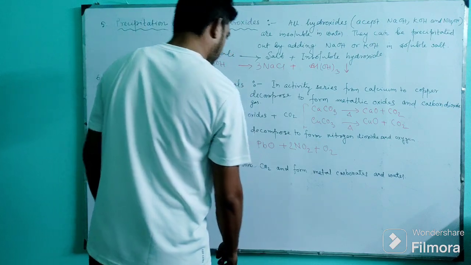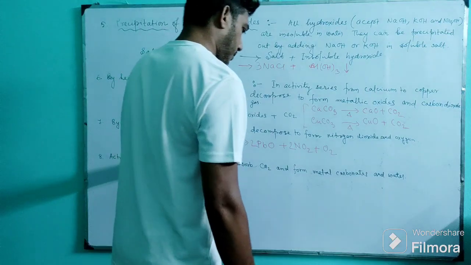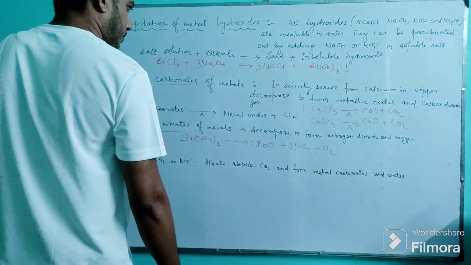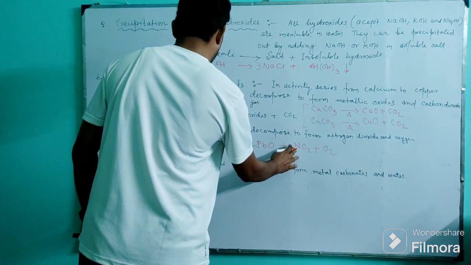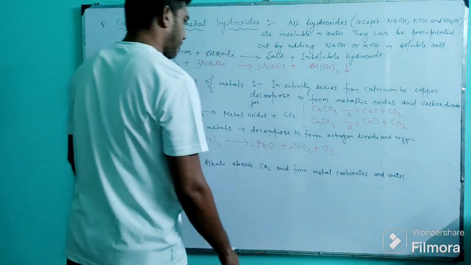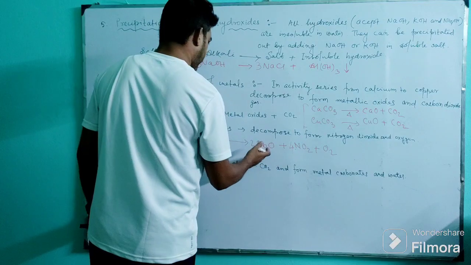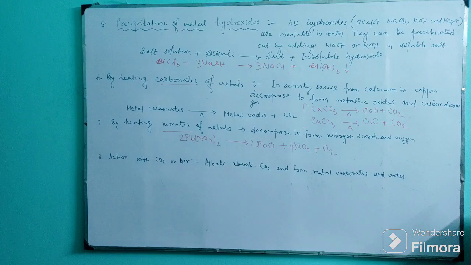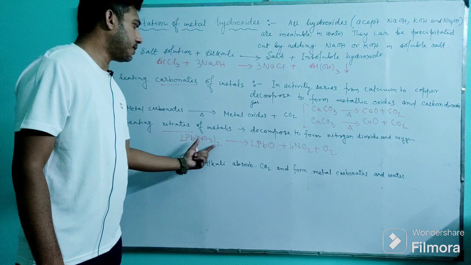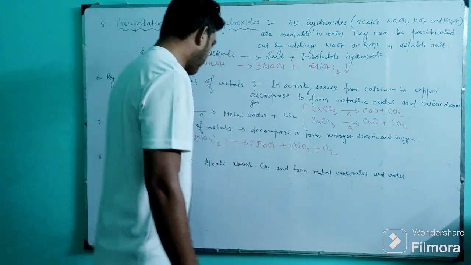PbO, NO2. Okay, so 8, 10, 12. Here it is 4, 12. Now it's okay. So when nitrates of metals are heated, they decompose and form metallic oxide, then nitrogen dioxide and oxygen.